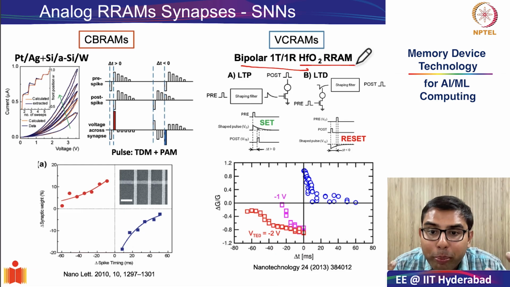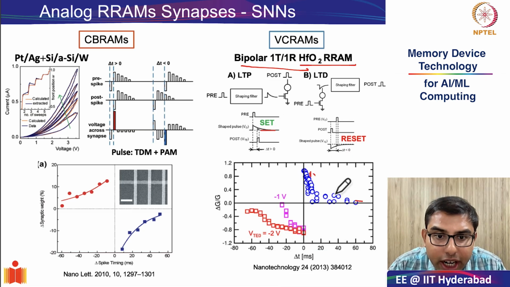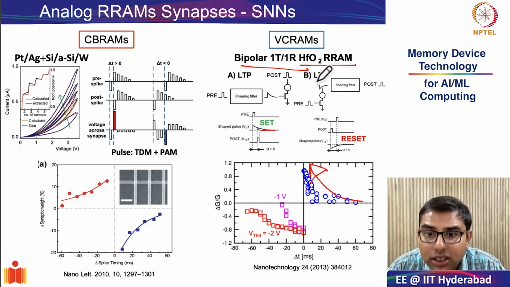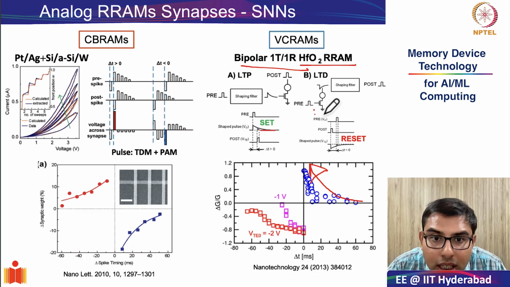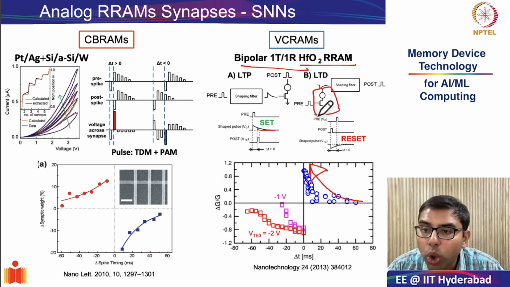If the spikes overlap in the proper polarity, such as delta T greater than 0, the combined potential leads to an increase in the set threshold, therefore leading to an increase in the synaptic weight or the conductance of the device. Whereas if the overlap is reversed, the effective bias across the synapse happens to cross the reset threshold, giving it long-term depression.